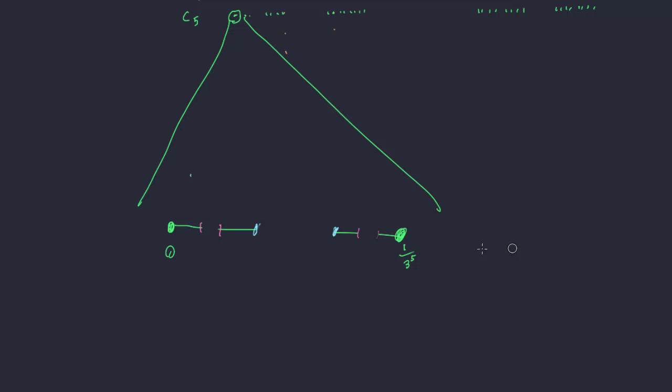Okay. And so maybe what I should do here is show that if this is C5, C6 would look like this, or at least just part of C6, which would be right here, would look like this. The next piece would look like this.